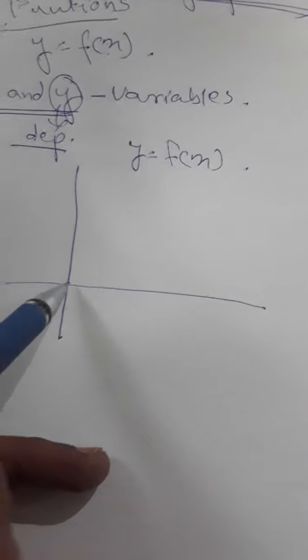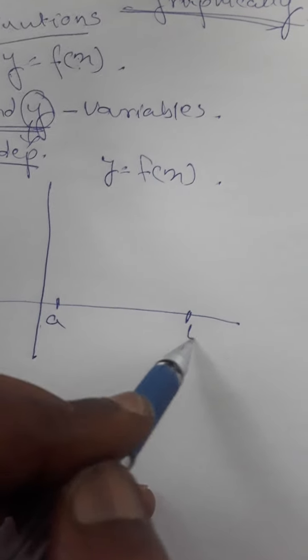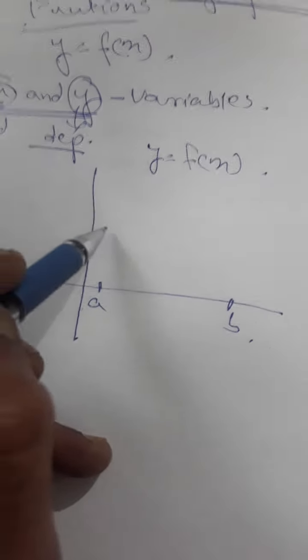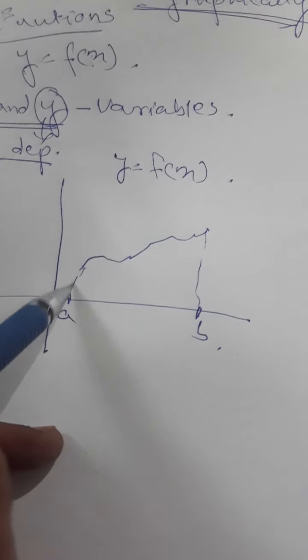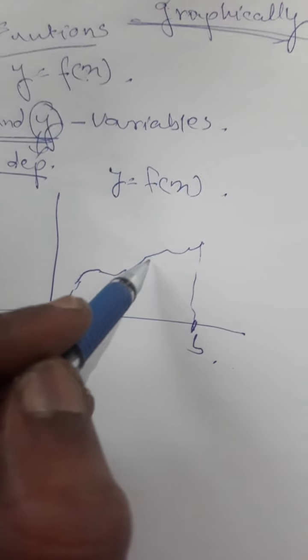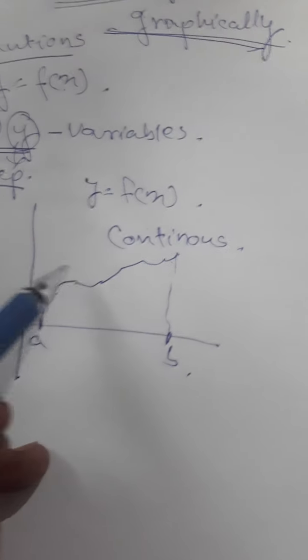When I draw the graph, say from the point A to the point B in an interval, and if the graph is like this, if there is no cut in the graph, then we say that the function is continuous.